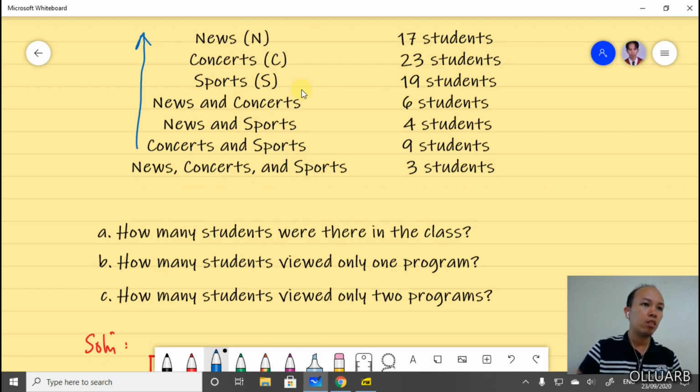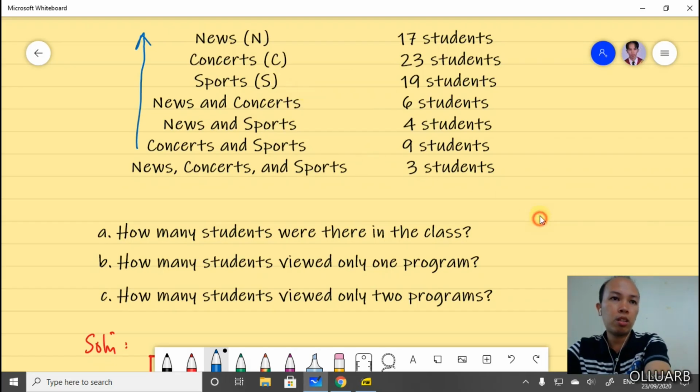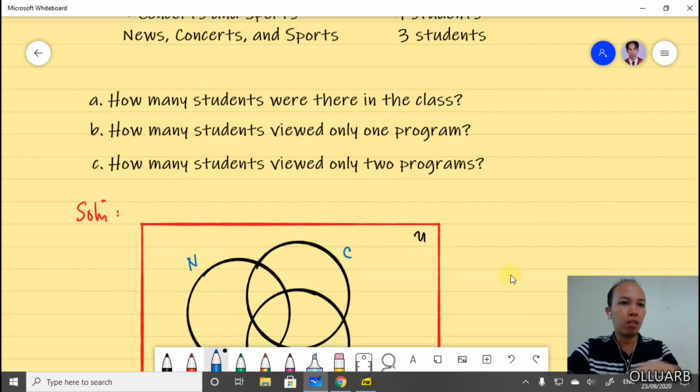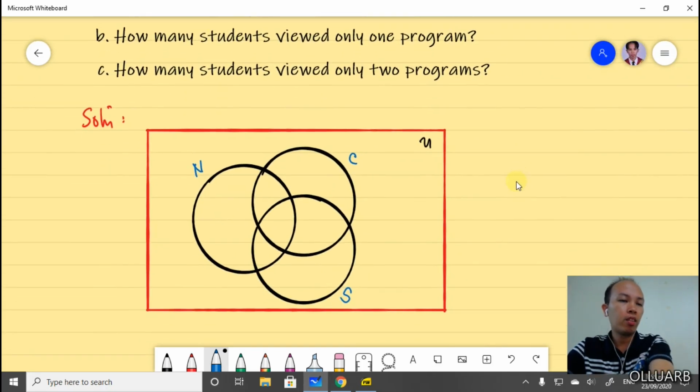It says here that there are 3 students who watch news, concerts, and sports. The program is not responding, so we have 3 here.